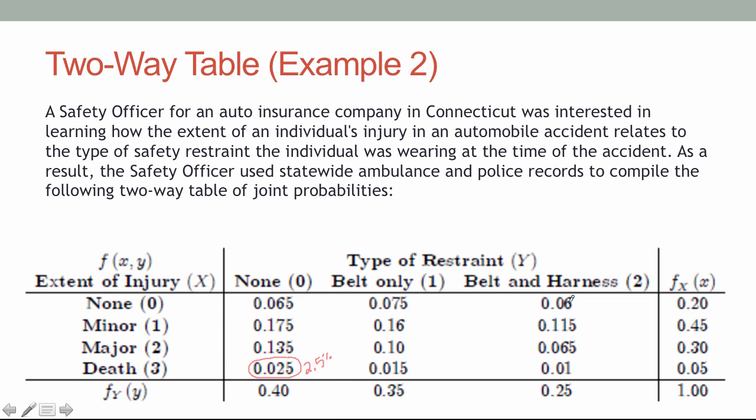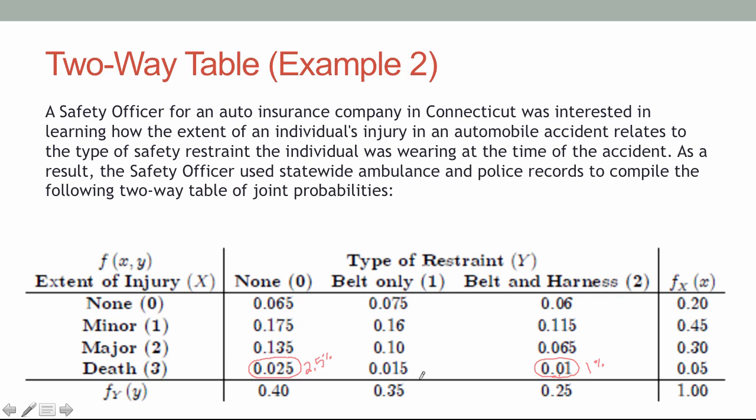Now contrast this if you wear your belt and harness. If you wear your belt and harness, there's a 0.01, which means 1% of the population died under death by wearing their belt and harness.